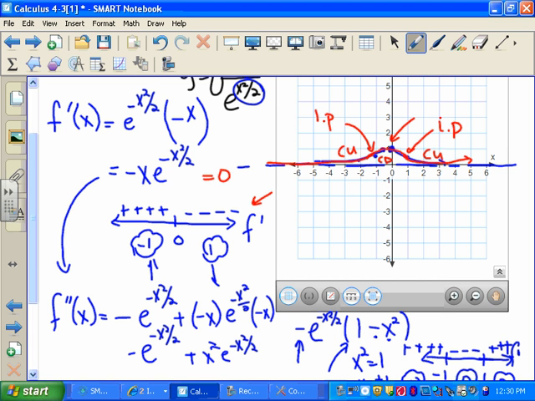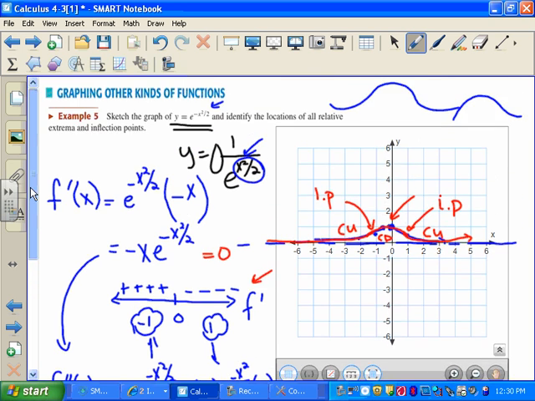When I plug in 0, I'm going to get 1. So at x equals 0, I found the x value where that happened. Now I plug that into the original equation. I'm not plugging it back into the derivative except for the derivative test.